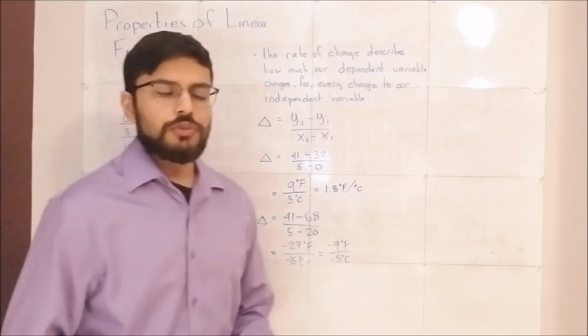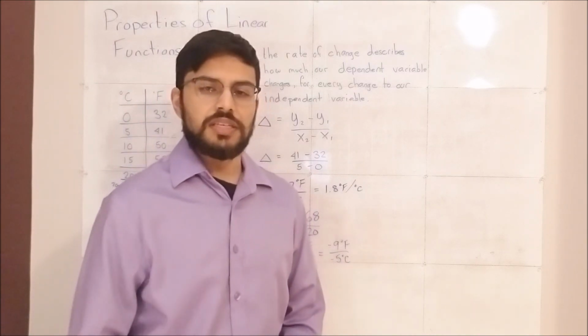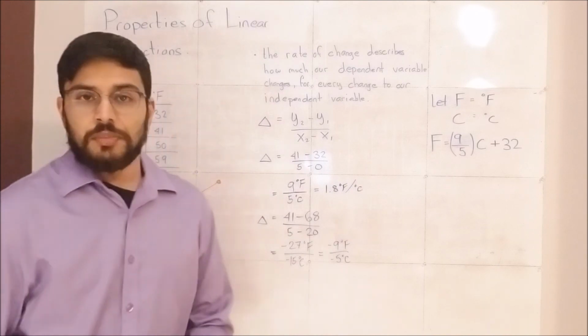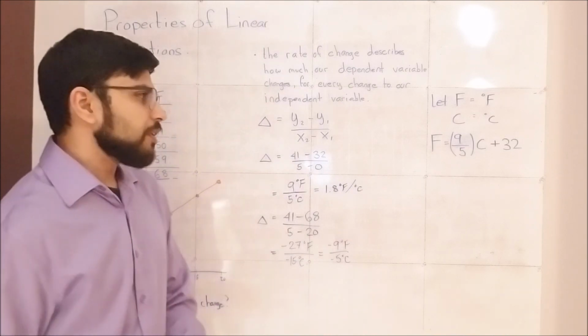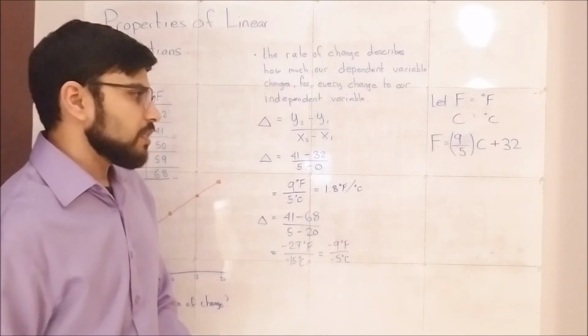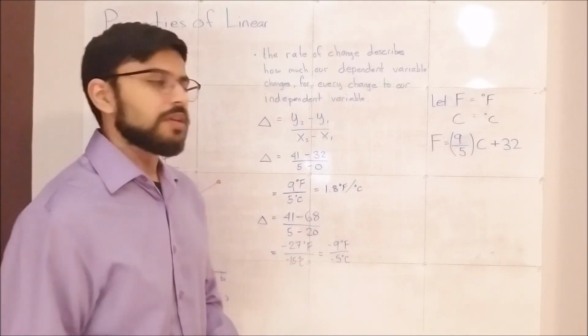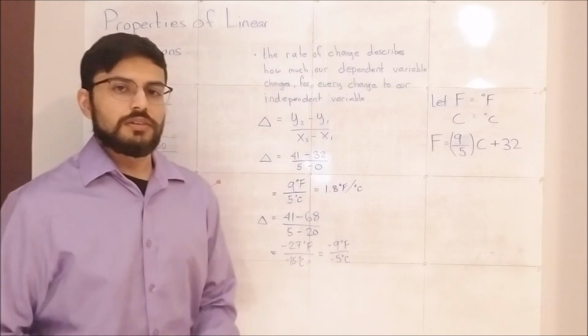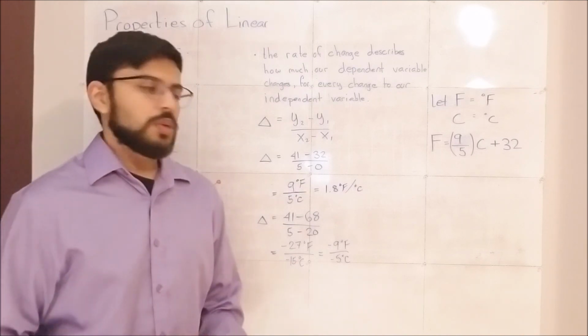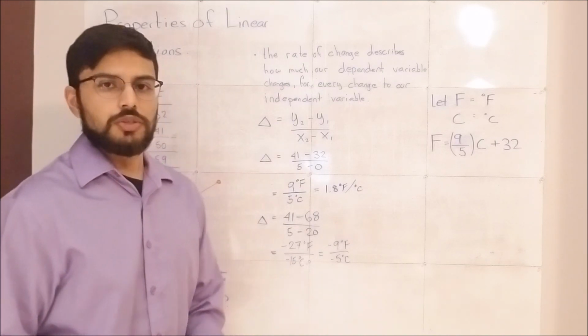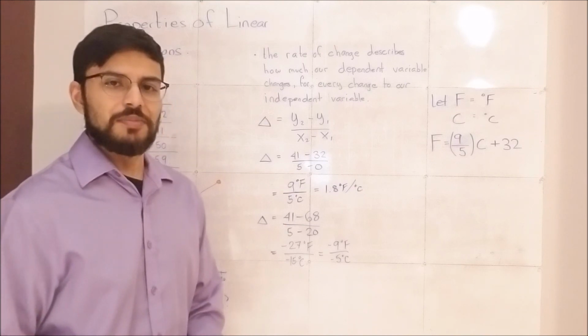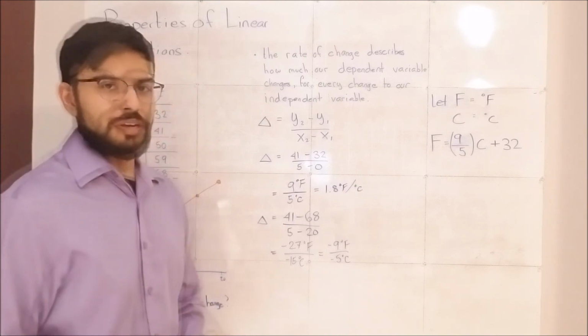Let's write down the formula to convert Celsius to Fahrenheit. So for the formula, I'm going to let F be my degrees Fahrenheit. I'm going to let C be my degrees Celsius. This is from page 273, actually. You did a problem on this. But the formula is degrees Fahrenheit is equal to 9/5 times C plus 32. What do you notice about the numbers in the equation here?